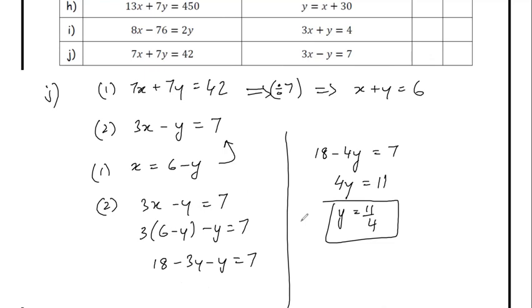I'm just working on the calculation again. Okay. So I get 11 by 4 for y. So yeah, everything's right. So now I'm going to substitute the value of y in the first equation.